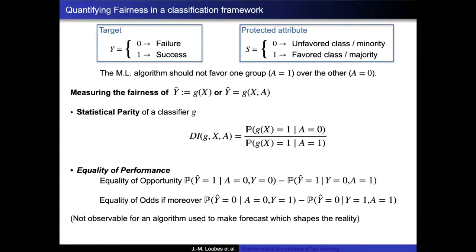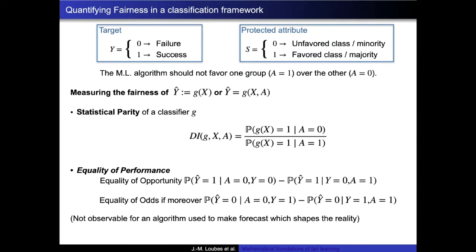So again, if I come back to my two-class decision model, where y is either 0 for failure or 1 for success, and my variable a is 0 or 1, then what I call the disparate impact is a measure of fairness, and the closer to 1, the fairer it is.